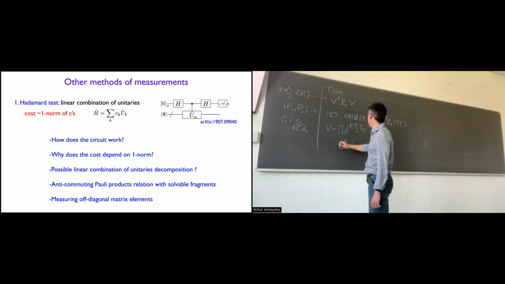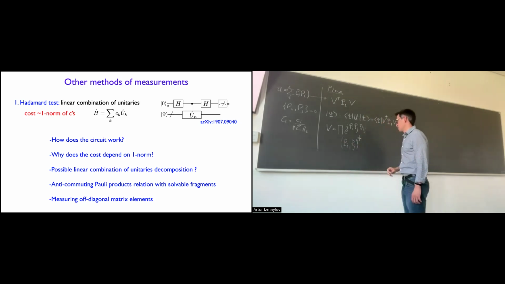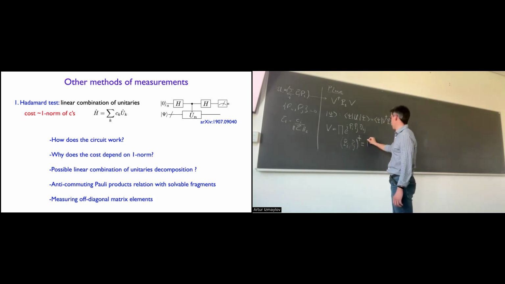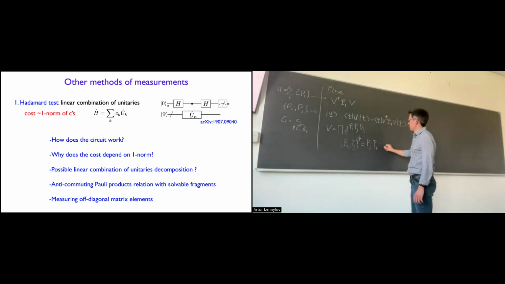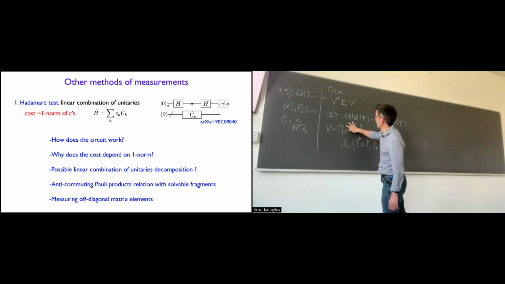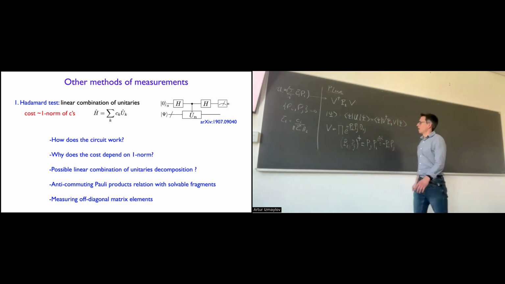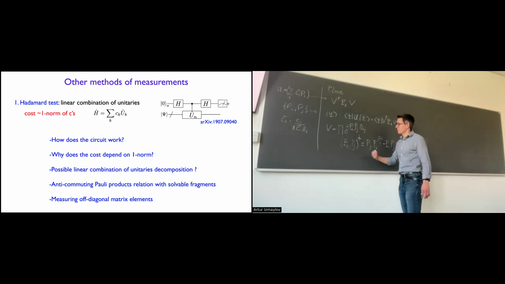So if they anti-commute, that simply means that for P_i P_j, we check the hermiticity, then we're going to get P_j P_i, and this is minus P_i P_j because of anti-commutativity, and this is because of the hermiticity of the terms, so we don't really need i here. So these guys are anti-Hermitian. The products of anti-commuting Paulis are anti-Hermitian because of this, right?